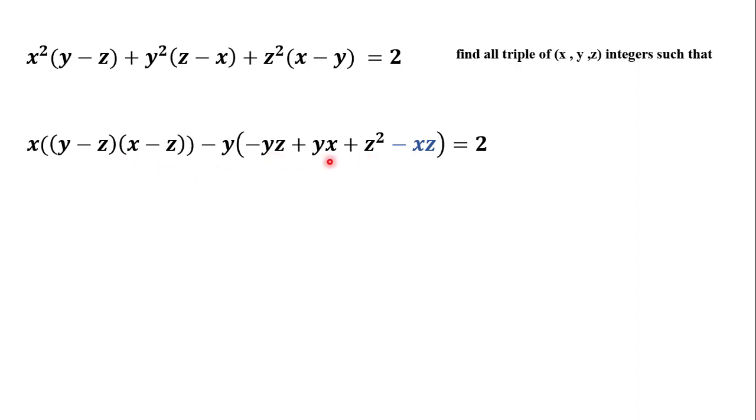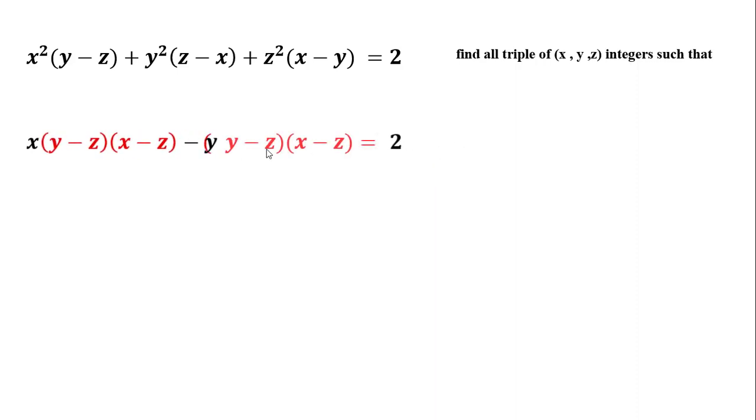For the second parenthesis, also we can factor y from these two terms and minus z from the z squared and minus xz. So we get y minus z as a common factor, and finally we get y minus z times x minus z.